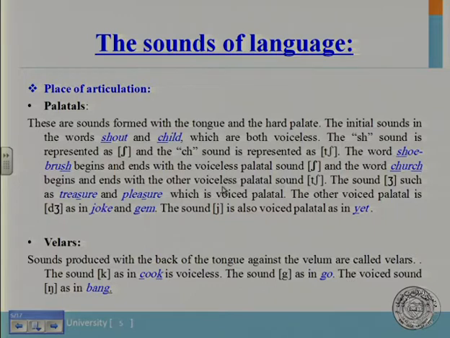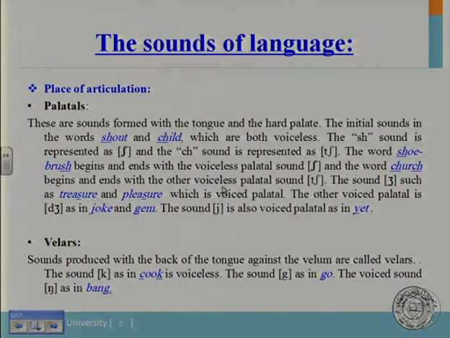Here we have the sound k, as in cook. It begins with k and also ends with k. K is a voiceless sound. You can feel that the back part of your tongue touches something. That area is called the velum. So k is voiceless, and we have the sound g.